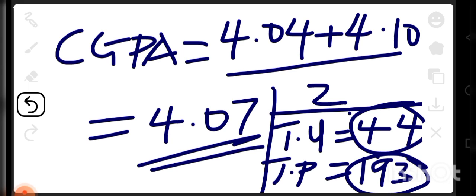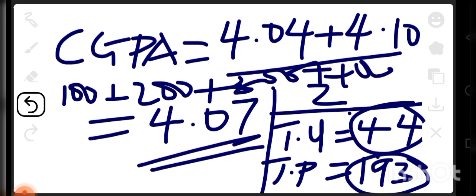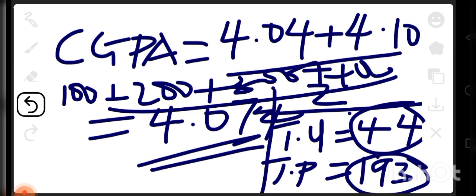Then to get the total CGPA for a graduate, you add the CGPA of 100 level plus that of 200 level plus that of 300 level plus that of 400 level. Then divide everything by the total number of levels, which is 4. That will give you the CGPA of that student.